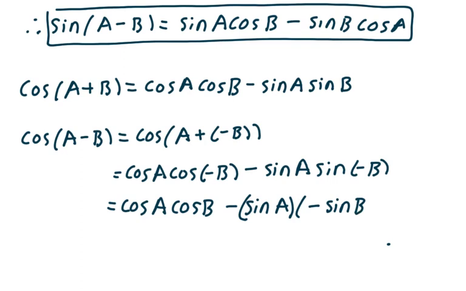Remember, sine is an odd function and cosine is an even function. And a negative times a negative is a positive, and so this is cosine a cosine of b plus sine of a sine of b.